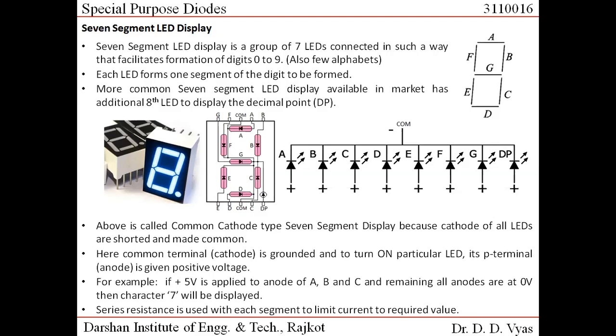So in this case, if plus 5 volts is applied to the anodes of A, B and C, and all remaining anodes are connected to 0 volts, then we can easily anticipate that the digit 7 will be displayed. Like we have discussed previously, a series resistance is always used with an LED so as to limit its current to a safe value.